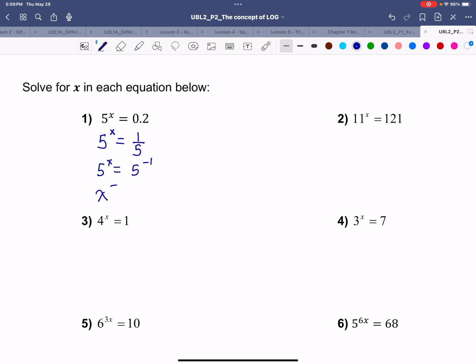And since the bases are the same, we're going to say the exponents are equal, so x is negative 1. If we were to use log to solve this, then you would say that x is the exponent we are solving for, so we use the word log this time. Log with base 5 of 0.2, or log of 0.2 divided by log of 5. And that will give you the exact same answer, negative 1.